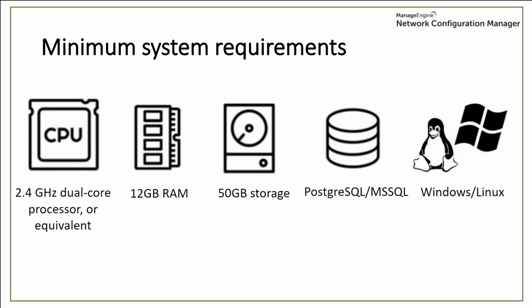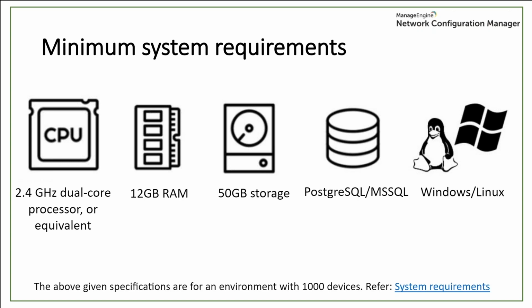Also, NCM can be installed on both Windows and Linux. Please note that the given specifications are for an environment consisting of 1000 devices only. If your environment consists of more than 1000 devices or less than 1000 devices, please refer to the system requirements shown on the screen.